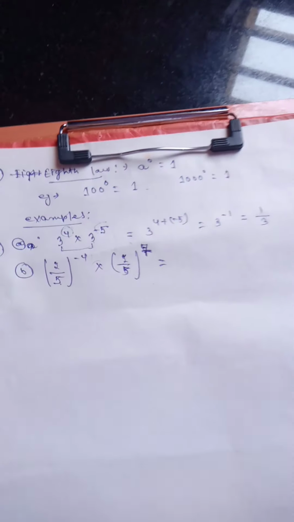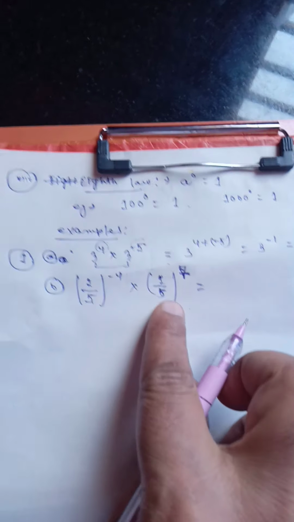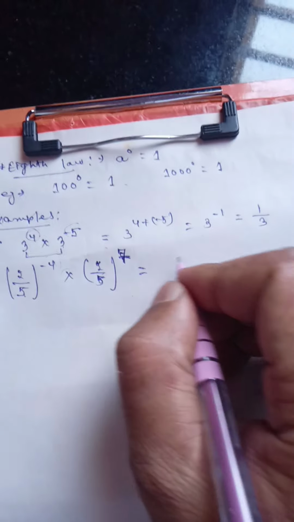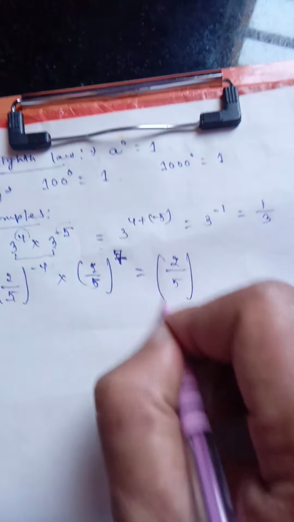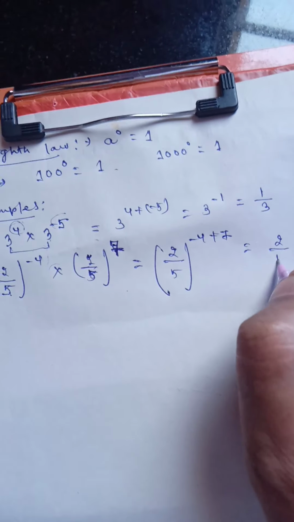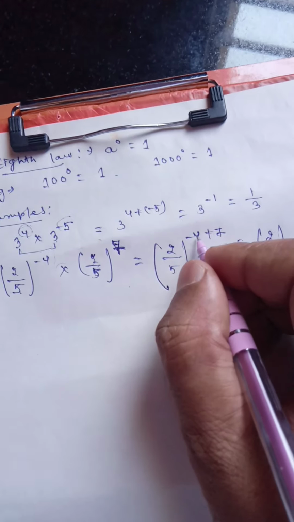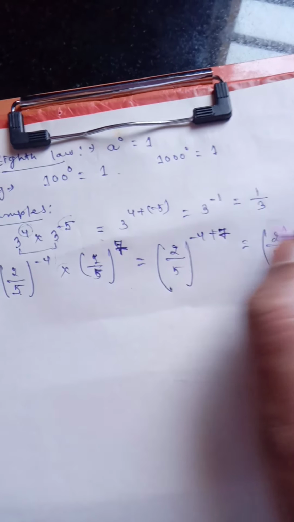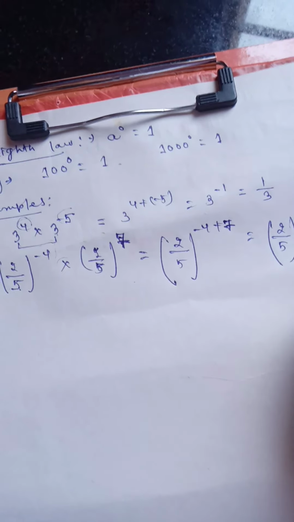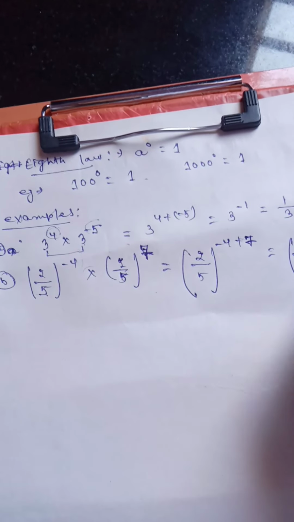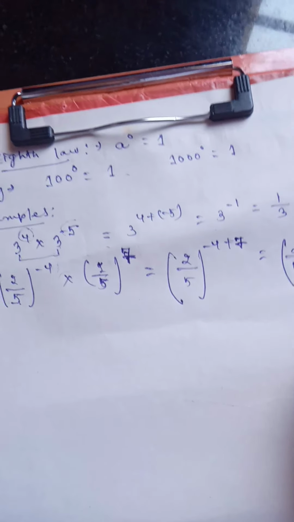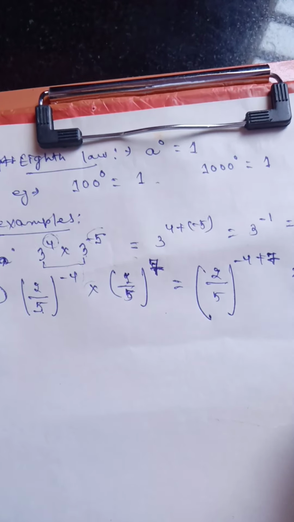So you will follow the product law to solve this question. 2 upon 5, and both exponents should be added together. So 2 upon 5, when you add 4 and 7, you get 3. You can write 2 into 2 into 2, the product of 2 three times, and 5 into 5 into 5, the product of 5 three times, which is equal to 8 upon 125.